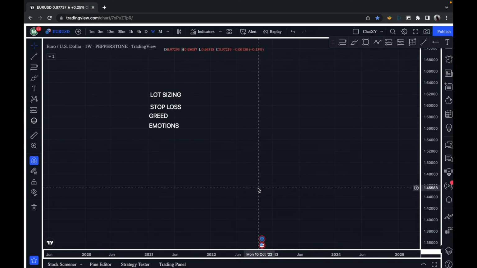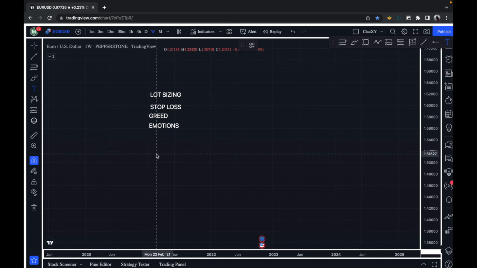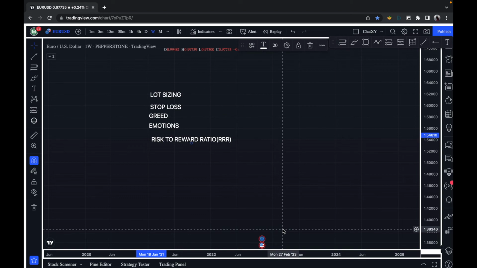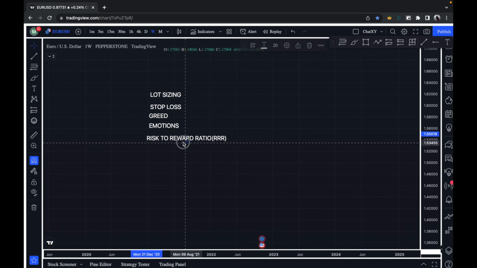And then the last point I will point out is the RRR, that's risk to reward ratio. Okay, this is the last point I want to point out in this video.